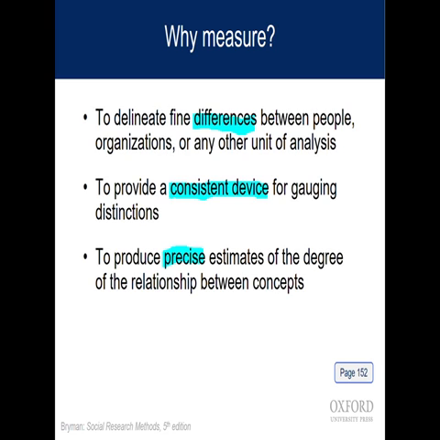So to be able to delineate fine differences between people, organizations, or other units of analysis, you have to measure. And especially if you're going to be able to delineate, meaning be able to observe small differences between people, then you really need to have accurate measurements. Not rough stuff. Let's say that Tommy and Richard were very similar to each other in violence.